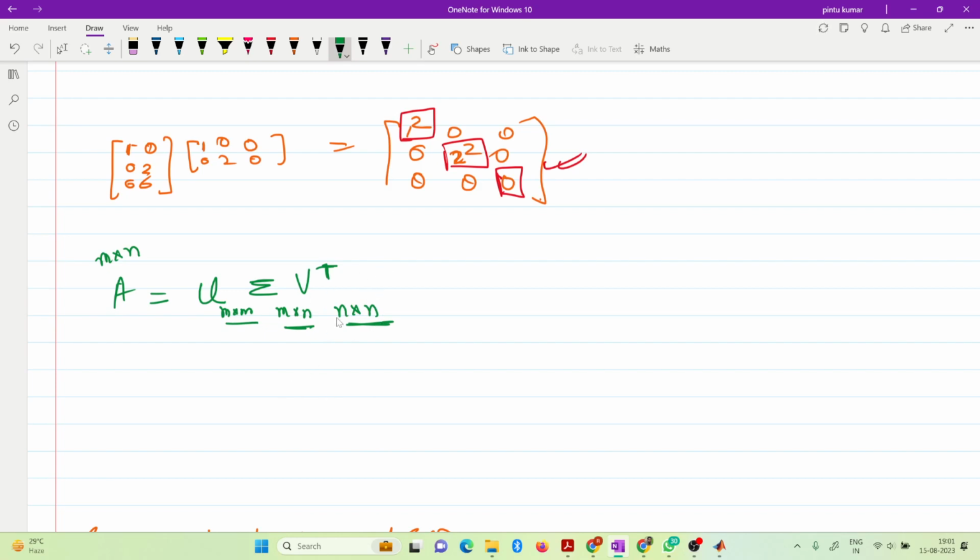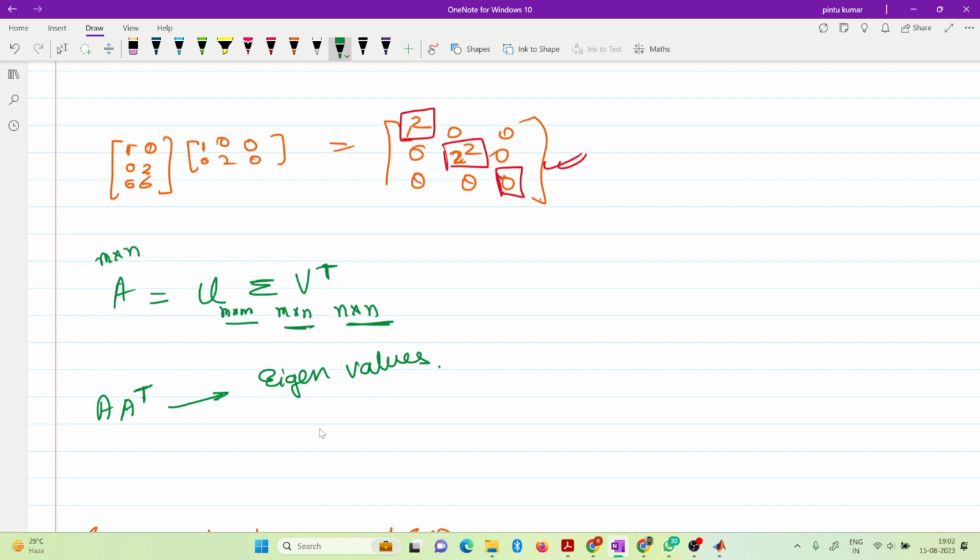If somebody asks you to find the singular value decomposition of a matrix, the first step would be to find AA transpose and then find eigenvalues and eigenvectors for this.